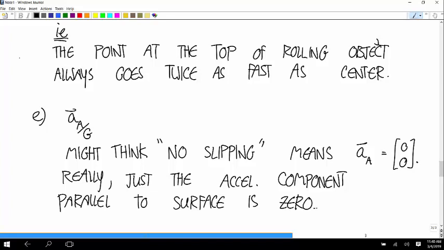So we'll see that. We're going to see that the acceleration of that point A has no part parallel to the surface. In this case, that means it's not going to have any x component, but it will have a y component, and that's generally true.